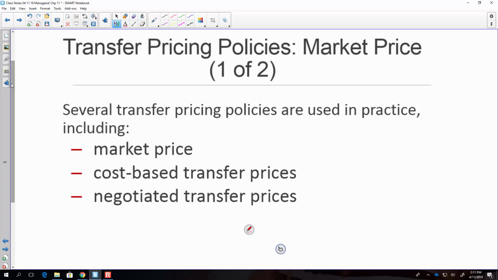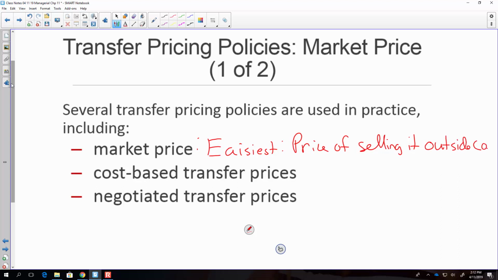And they're looking at market price, cost-based price transfer, or negotiated. Market price is the easiest. It's whatever the price was selling the product outside of the company. Whatever that price is, that's the price.